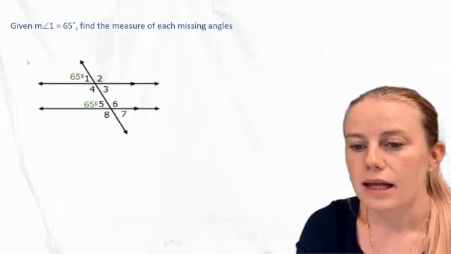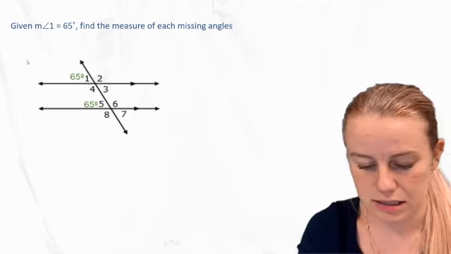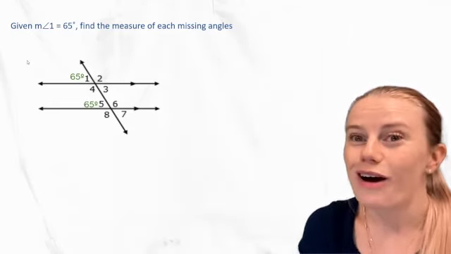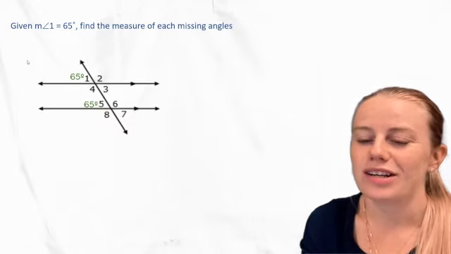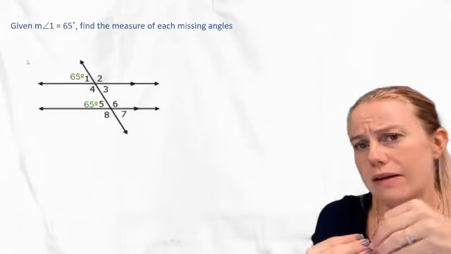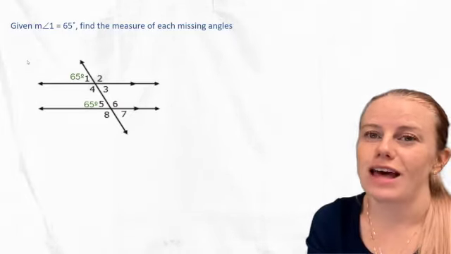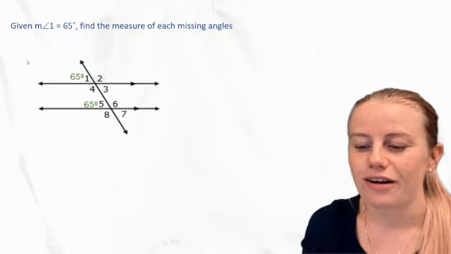Okay. Next, let's find angle 7. What's the relationship between 5 and 7? They're vertical angles, so that means that they are congruent.